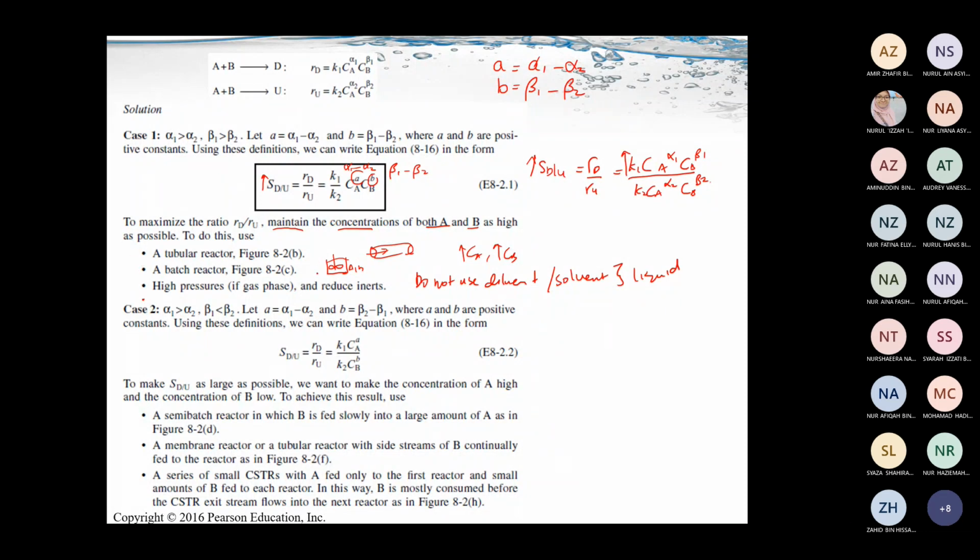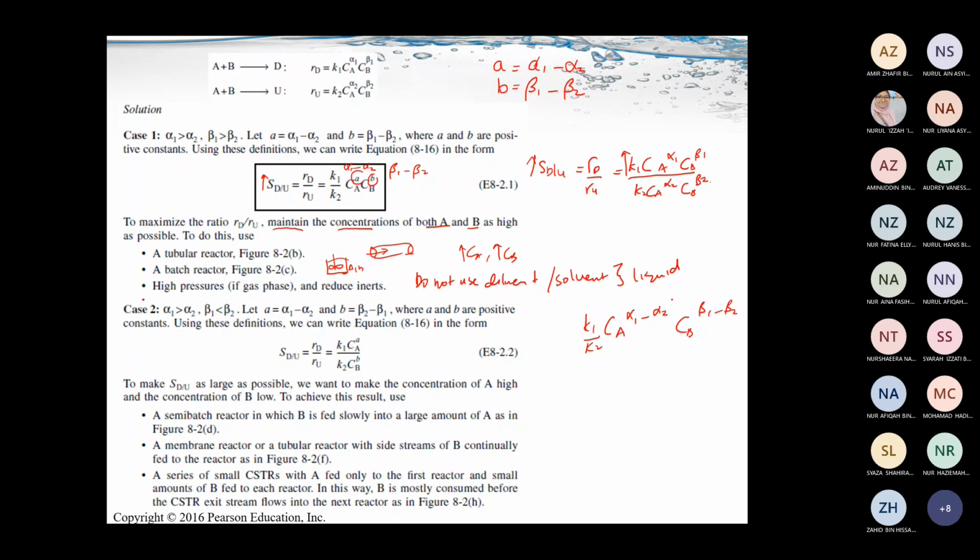Okay, then we have another one, which is case dia alpha 1 lebih daripada alpha 2, but beta 1 is less than beta 2. Alright, which means that we have a K1 over K2, which is CA alpha 1 minus alpha 2, CB beta 1 minus beta 2.